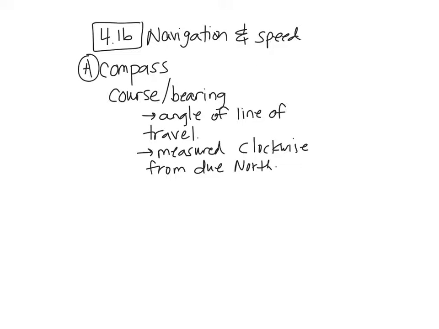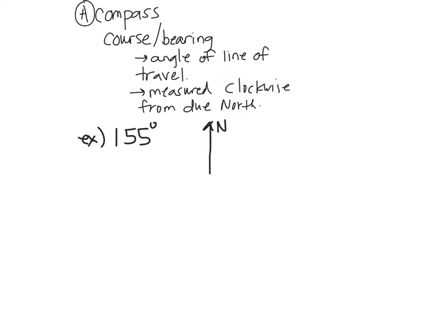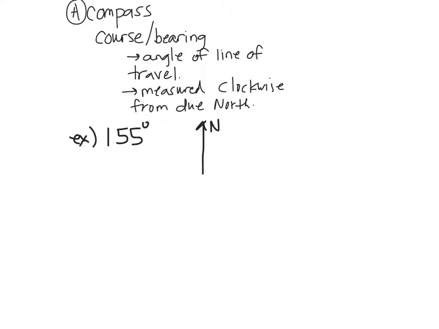So the course or bearing that you take, and today is just showing you what it is. When we get to lesson 4.8, which is the last lesson of the chapter, we actually do application problems involving this. So like if I said that a boat was traveling, for example, 155 degrees. Well, if I wanted to look at that from up above or from a map, here's north. That's due north. And from due north, in a clockwise direction, we're going to take an angle of 155 degrees.